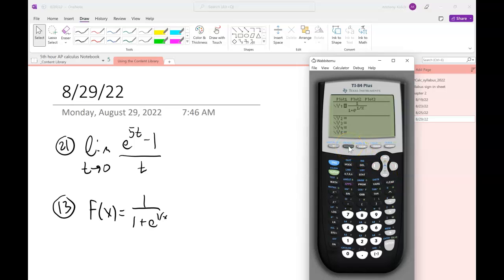So that's that. Let me look at my window. Let's just zoom standard for now. Okay. So I'm going to probably zoom in between -1 and +1, and then maybe -1 and +1 on the y-axis as well, since it seems like this is a fairly well-behaved function, except for whatever's happening at 0 here.